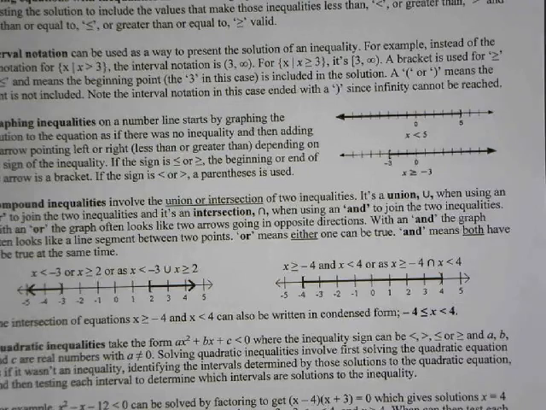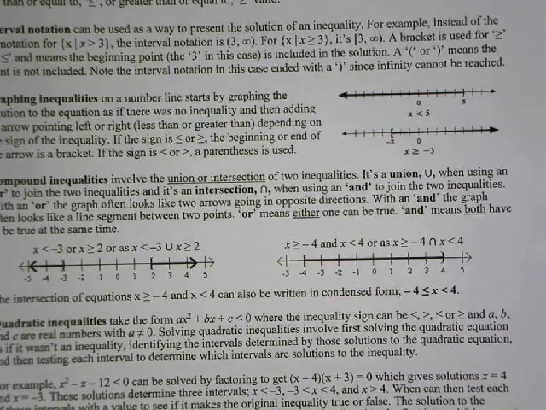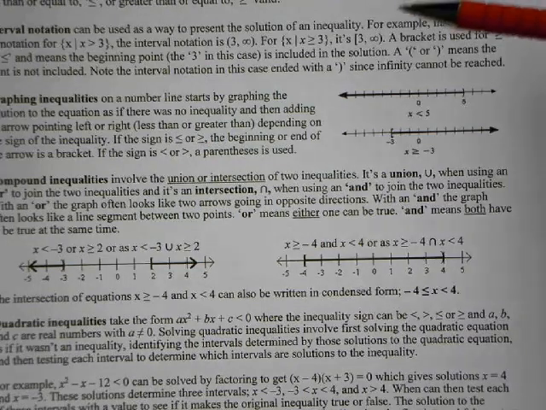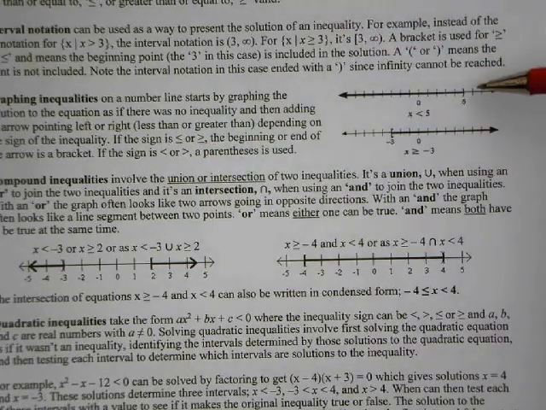When graphing an inequality, we're going to use the interval notation style. In this case, this would be less than 5, so parenthesis at the 5 and then an arrow to the left.